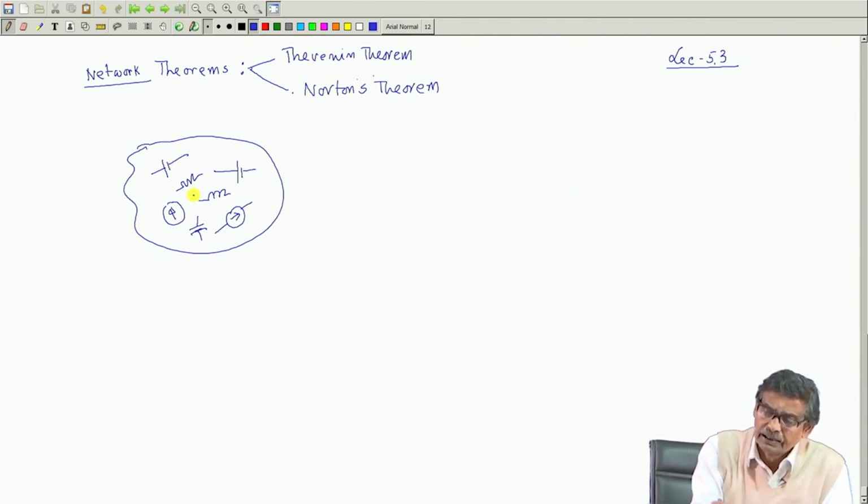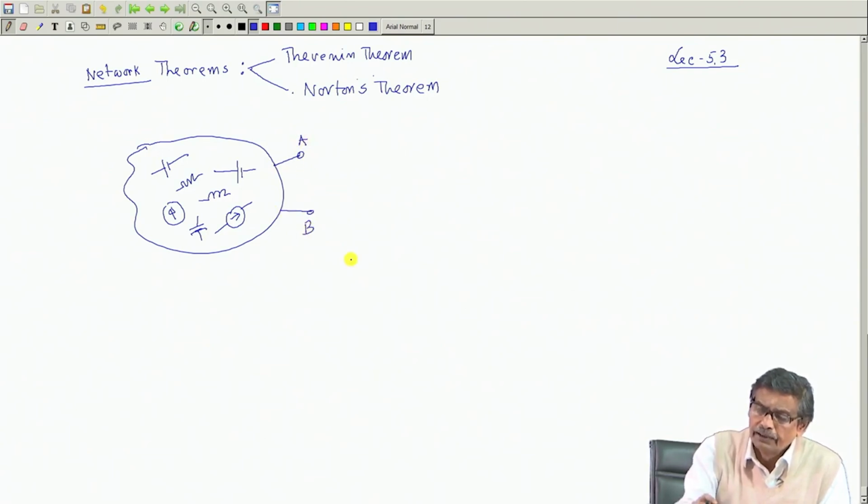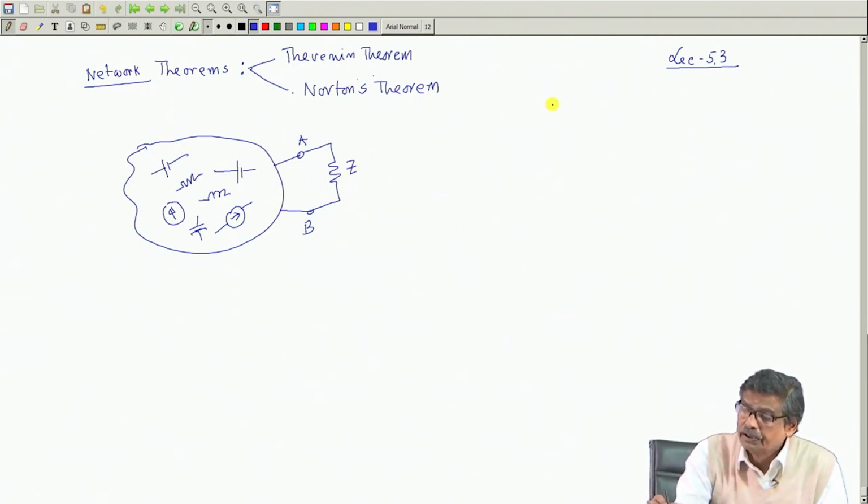All the sources and all the circuit elements are interconnected. Now, I come to two nodes where I will connect some impedance here. Let this impedance be called Z. For example, this network could be a network like this.